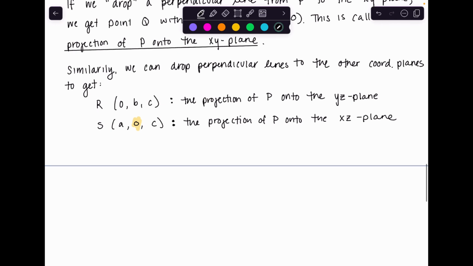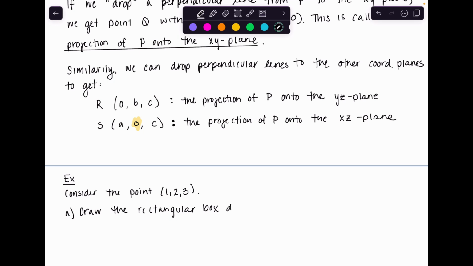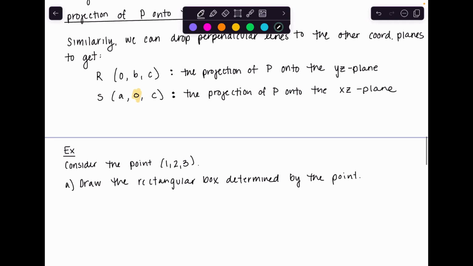So let's try an example. Let's consider the point 1, 2, 3. The first thing we're going to do is draw the rectangular box determined by the point, and we're going to fill in all of the different vertices of that box as well.